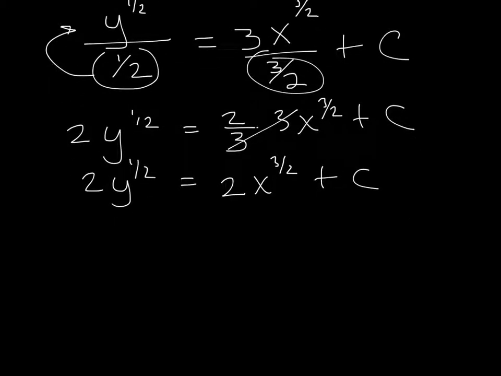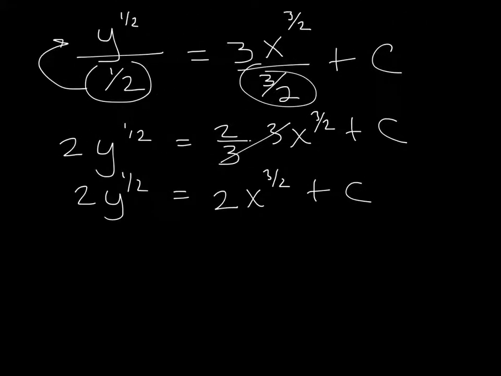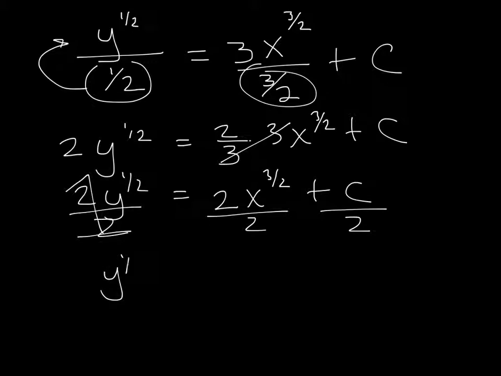The goal is to solve for y, so we can divide both sides by 2. So y to the 1/2 power equals x to the 3/2 plus c over 2.